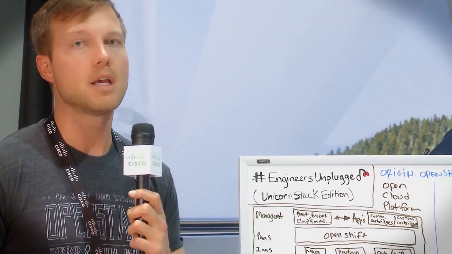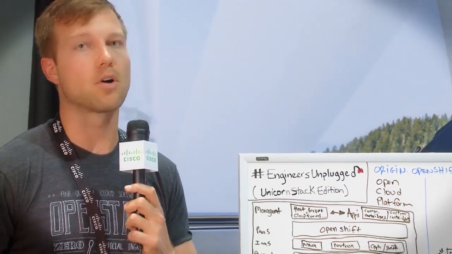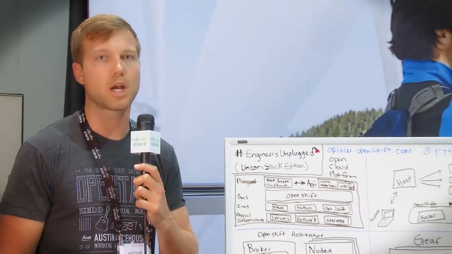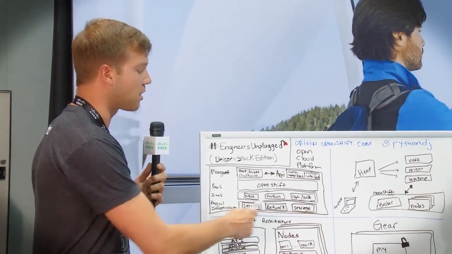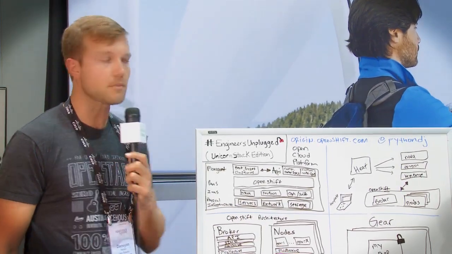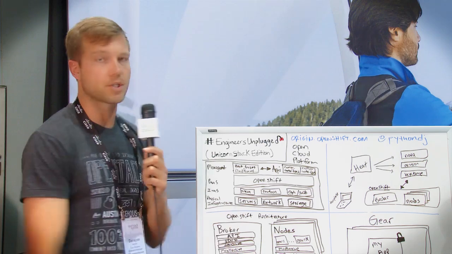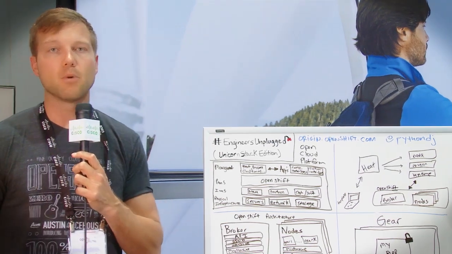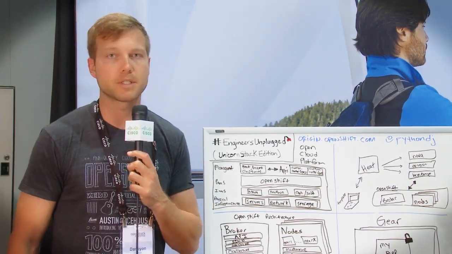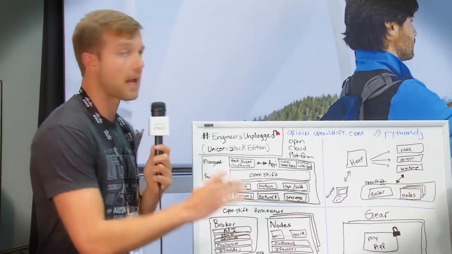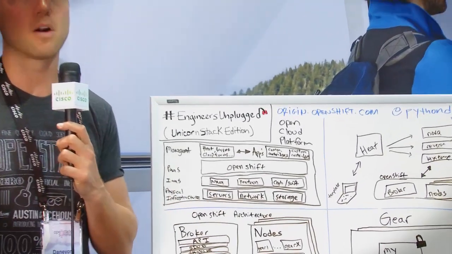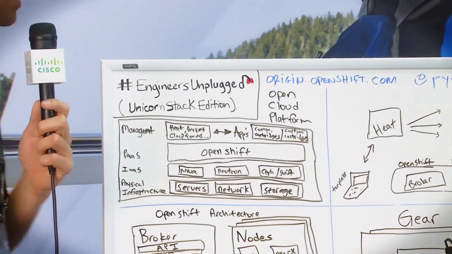Obviously, Cisco being a server, router, switch, storage company, we've got the physical infrastructure layer here. And then the infrastructure as a service layer, we've been involved with OpenStack for several years now. And so OpenStack is a big piece of our open cloud platform concept.